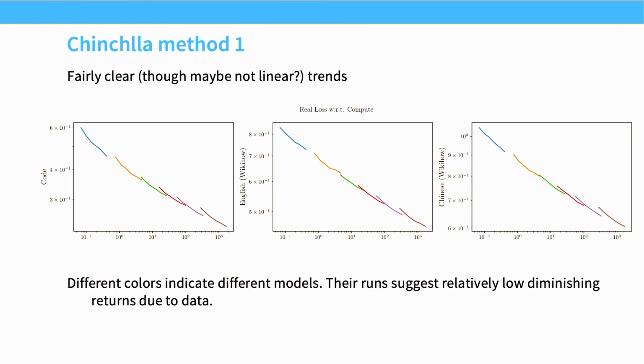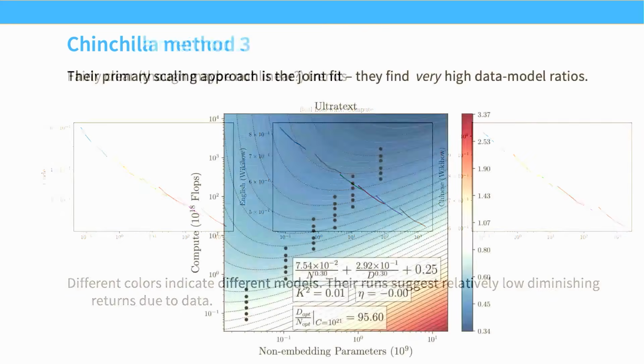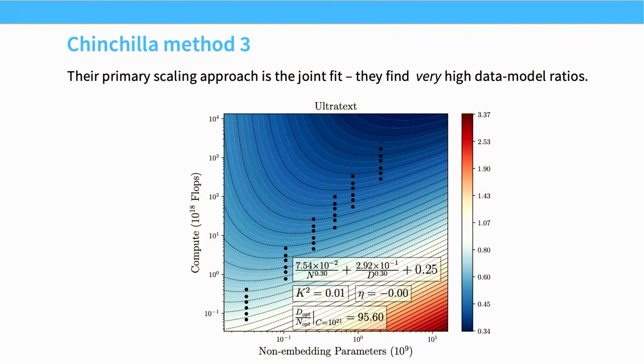If you look at the MiniCPM Chinchilla method 1, they see nice lower envelopes that look mostly linear, which is good. And then with method 3, they get nice smooth scaling for the most part in the compute to non-embedding parameter trade-off. So it seems like for the most part they get reasonable Chinchilla-looking fits.